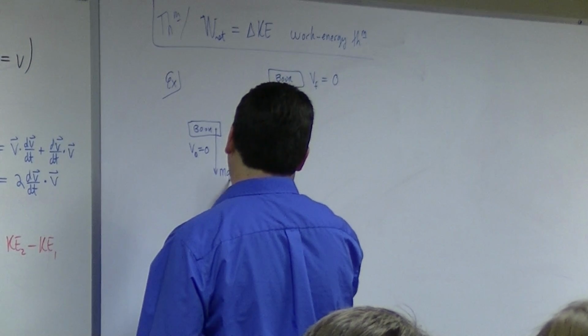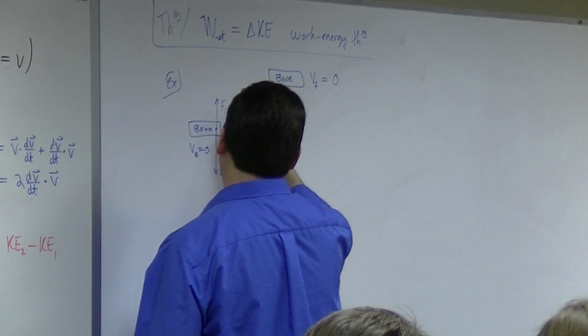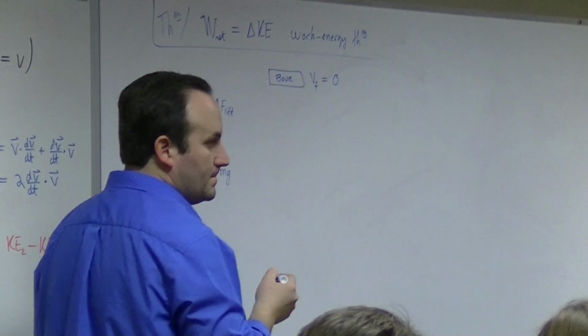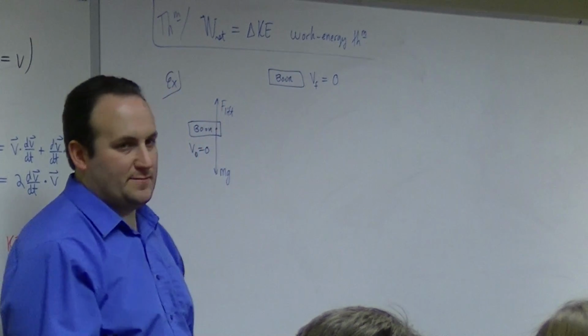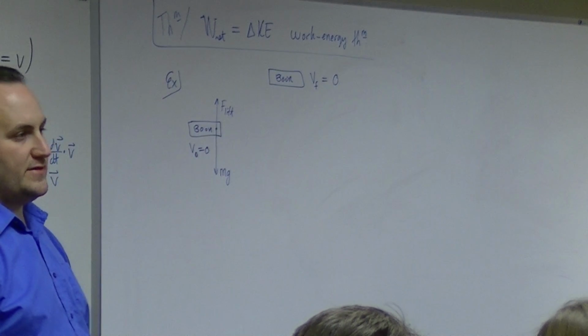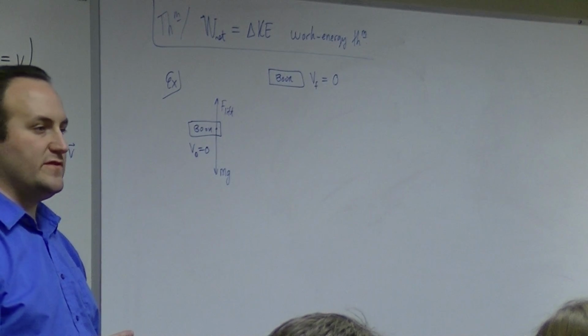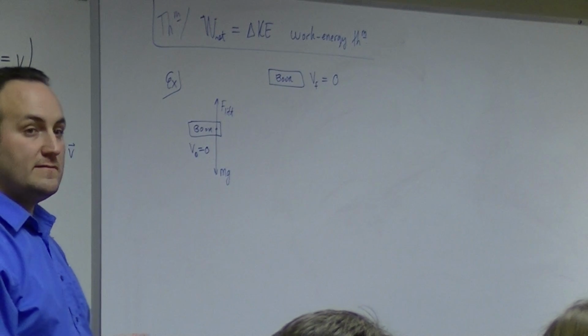We've got gravity downward, and then the lifting force. And the lifting force was complicated, depending on how I did it exactly. But the question of what's the work done by the lifting force over the motion, there's no ambiguity there.